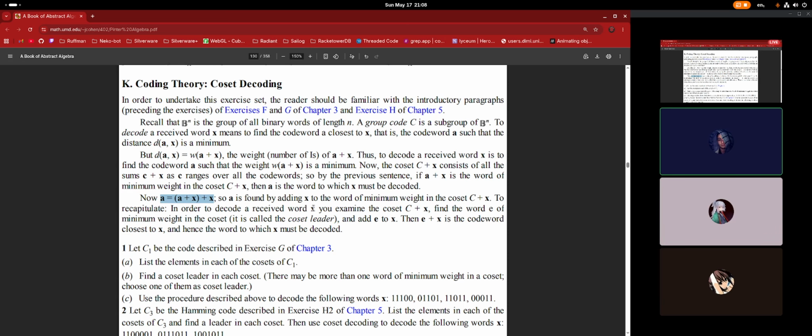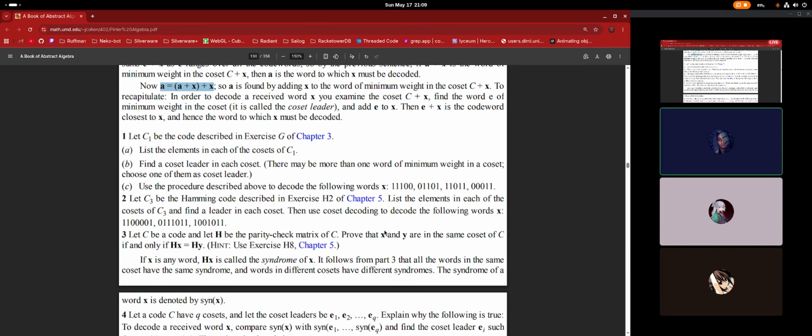It's because you are fixing something and changing over all the elements of the subgroup. So if you have the group of binary stuff, you have the subgroup of valid code, and then you are ranging over all of the elements of that subgroup, but you are fixing the X because that is what you want to decode at the end of the day. So we're using cosets for encoding the problem, really. Yeah, it's a very unusual way to go about it, but it works, I guess.